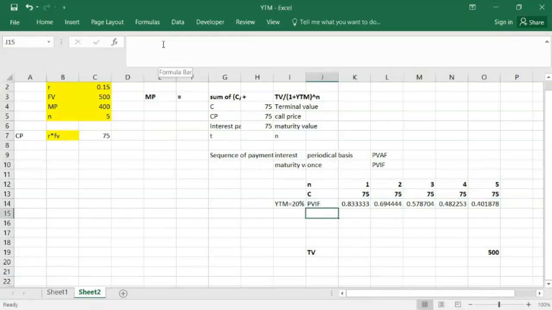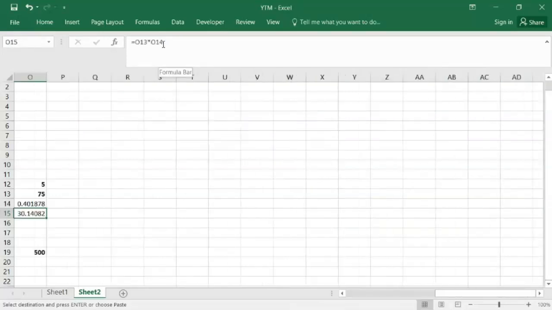I will multiply the present value interest factor with the coupon payment to get the present value of interest. So the 75 rupees received 1 year later is equal to a present value of 62.5 rupees. Similarly for the second year, third year, fourth year.